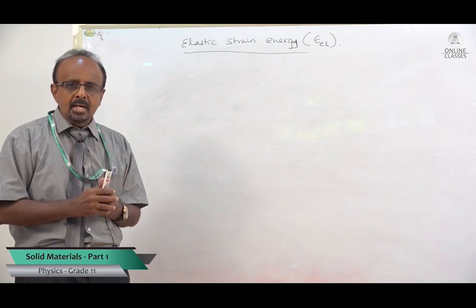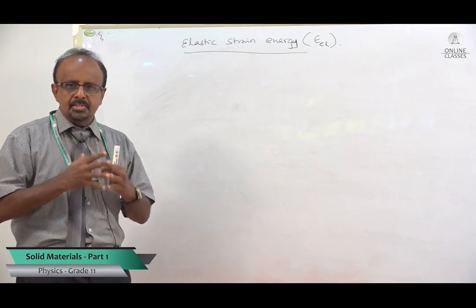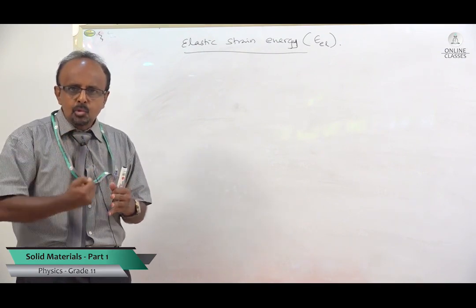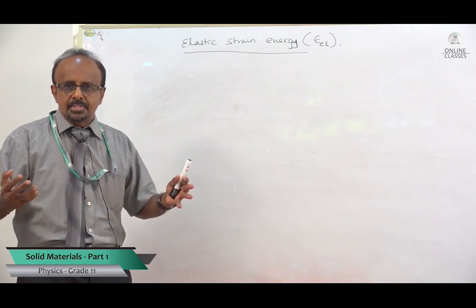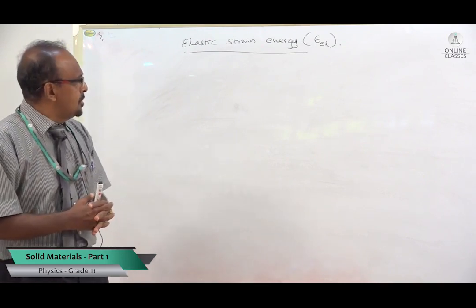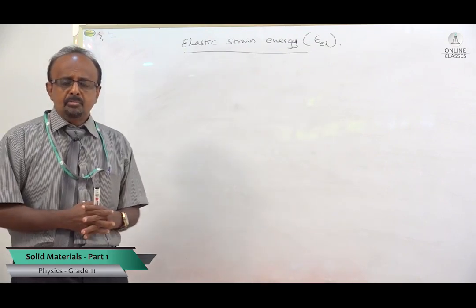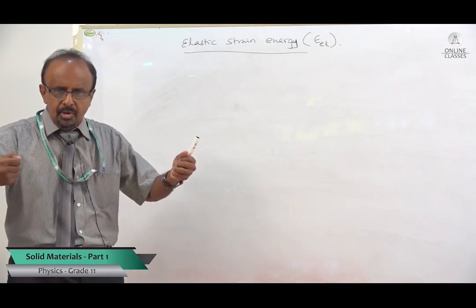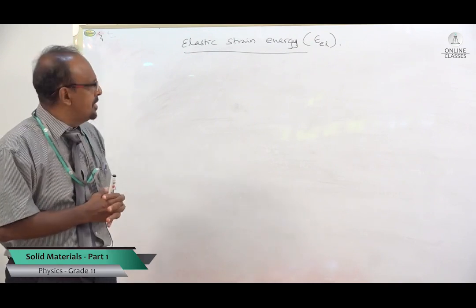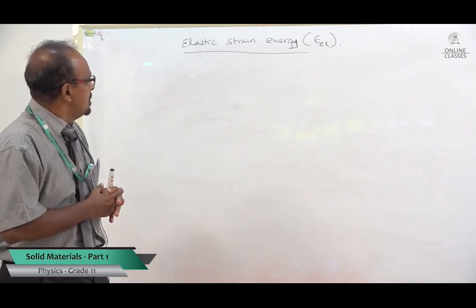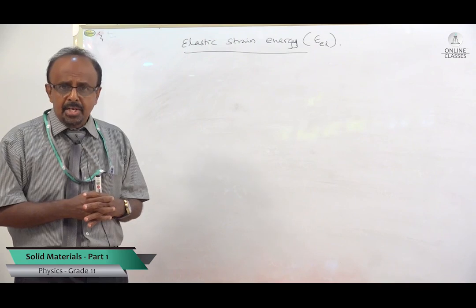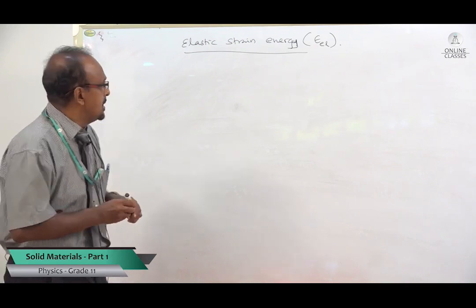Up to the elastic limit, whatever work you do is stored as elastic strain energy. When you do work by stretching the wire up to the elastic limit, the energy will be stored as strain energy. We call it elastic strain energy.